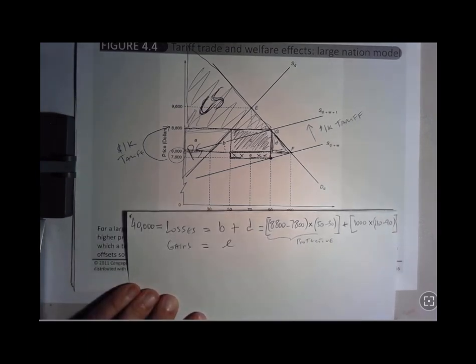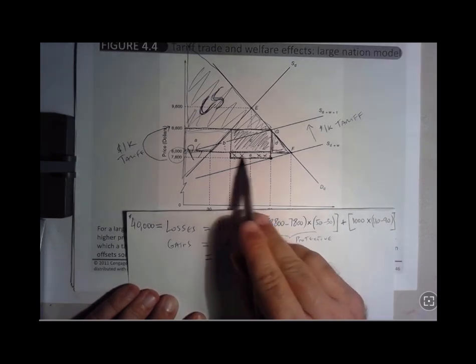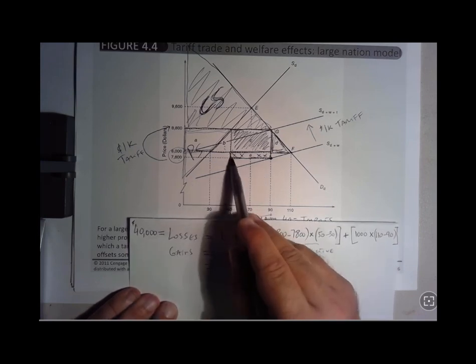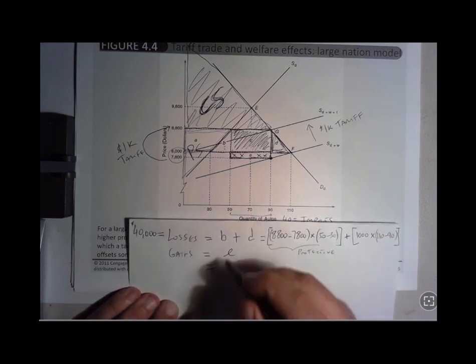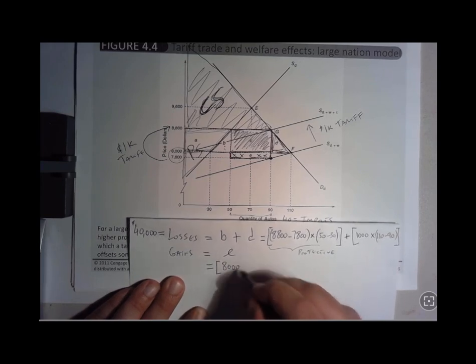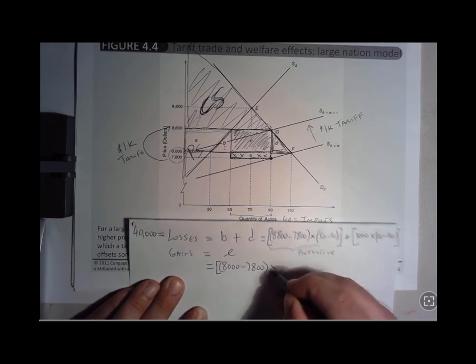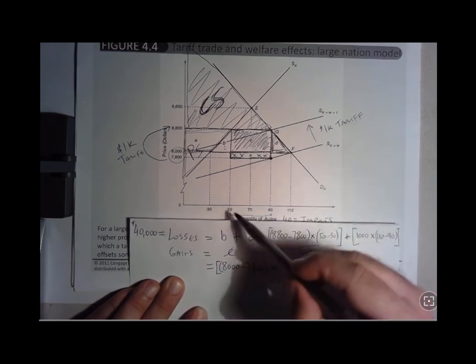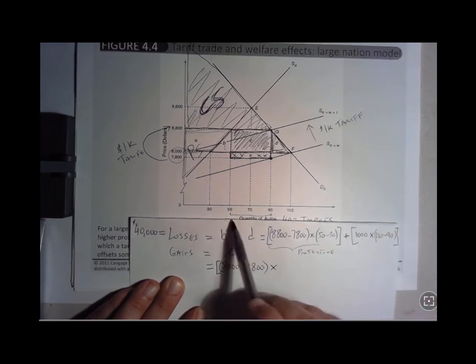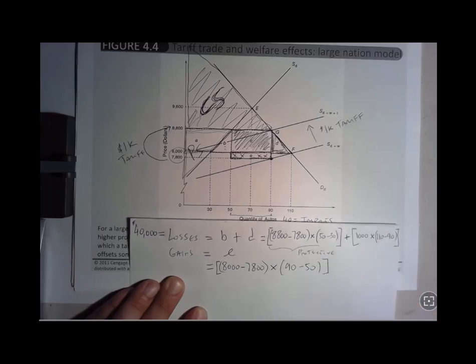Okay. What about our gains? Well, E is equal to the area of this rectangle. The height of the rectangle is equal to the reduction in price. So it's equal to 8,000 minus 7,800 times the run, which is the amount of imports. Those are 40, which is 90 minus 50. So this equates to $8,000.